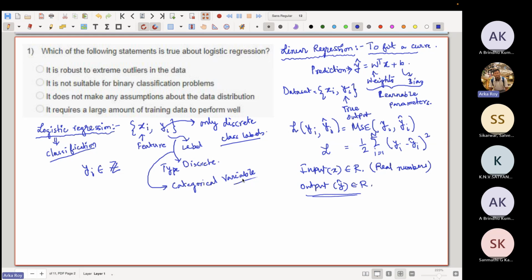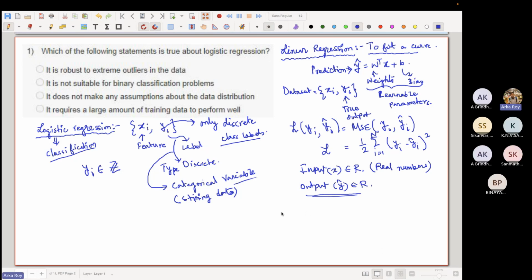So what do categorical variables mean? Categorical variable means these are a sort of string data. I hope that you all know string. From the basic notion of C language, you know what is meant by a string.